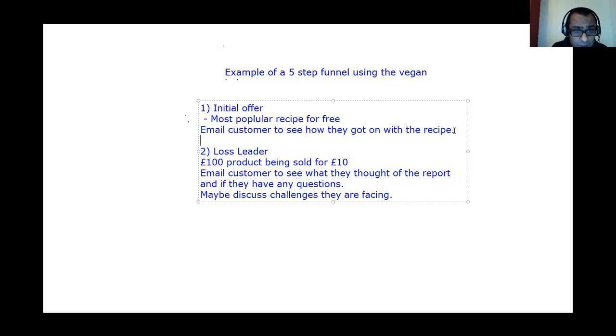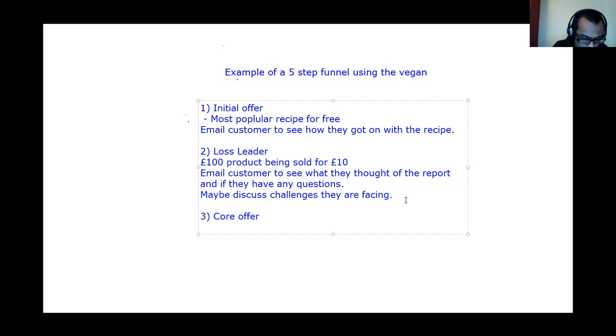I'm just going to separate those out a bit. And then 3 would be your core offer. So maybe you sell a cookbook. Maybe that is your vegan recipe cookbook.